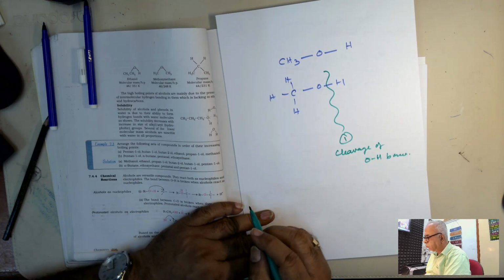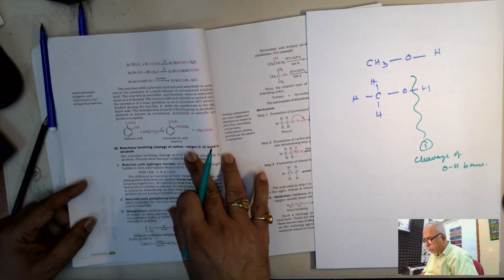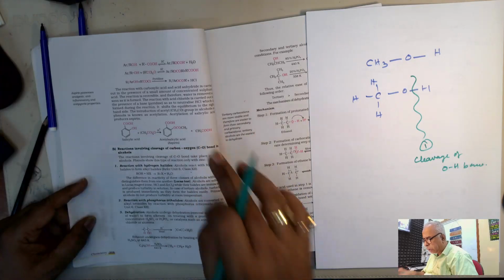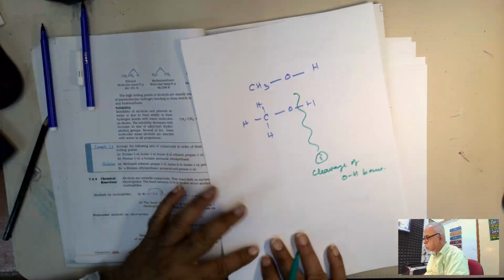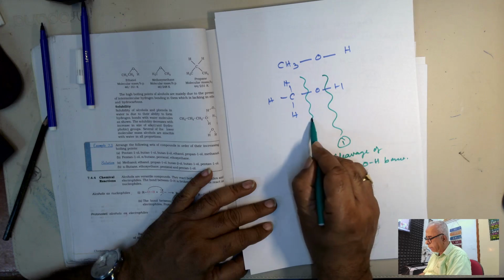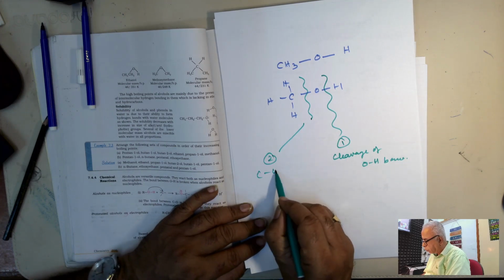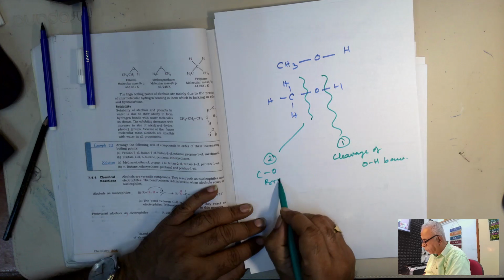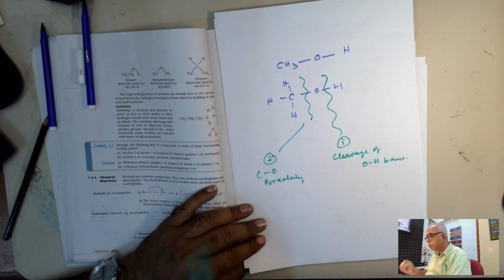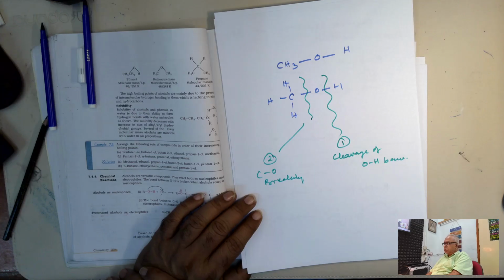And another one, go to the third page where you have reactions involving cleavage of the carbon oxygen bond. So where is this carbon oxygen bond here? Another breaking. So this is type 2, the CO bond breaking. Which is the functional group here?